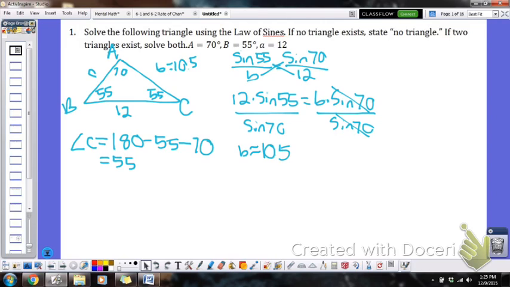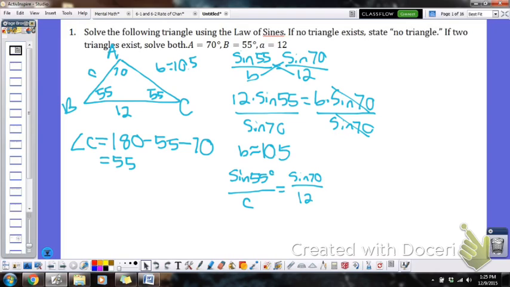Now I need to find little c, and I will do that by doing the same exact thing except using the angles for c. So I will take the sine of 55 over little c, we don't know what c is, and that will be equal to the sine of angle A, which is 70, so the sine of 70, over little a, which is 12.